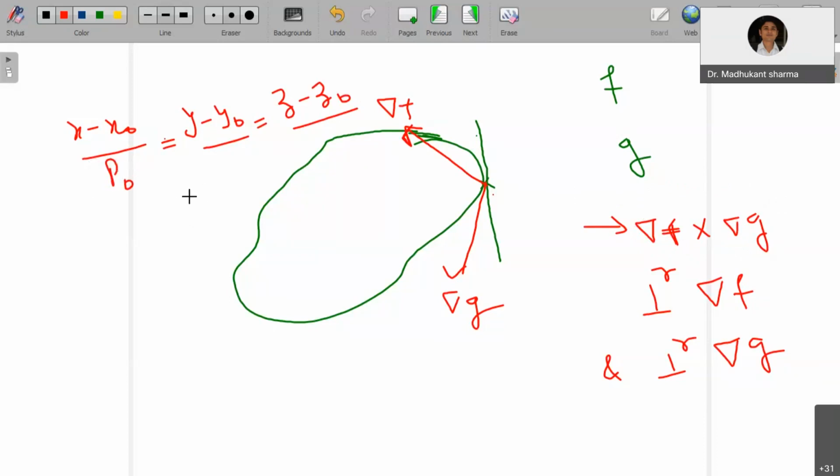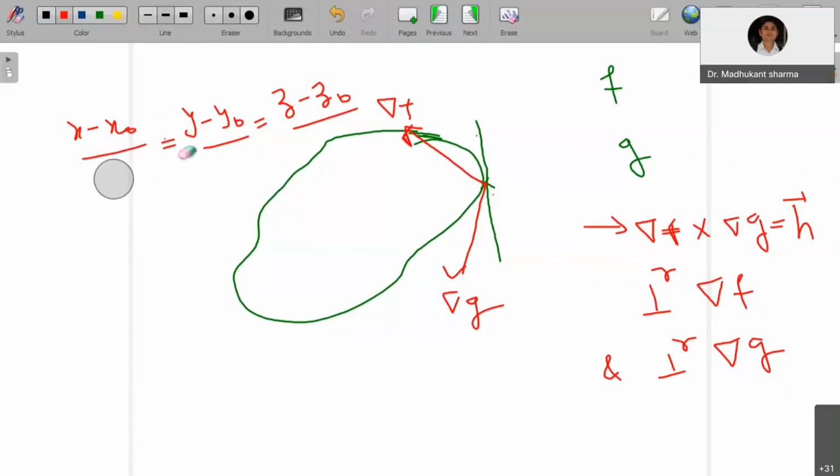Let's say grad F cross grad G is a vector, let's say this is H. Okay, this vector H, so Hx, I'm just writing here now.